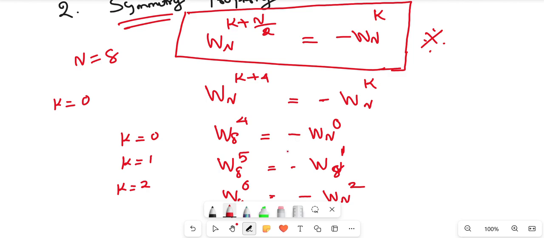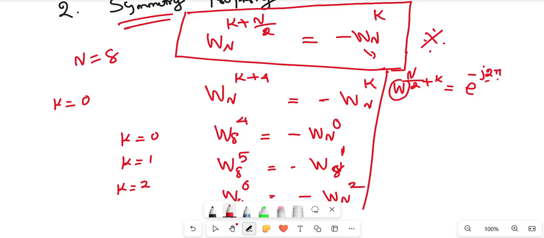Now the proof. What is W here? W power N by 2 plus k is equal to, what is the twiddle factor W? It is e power minus j 2 pi by N. You substitute that: e power minus j 2 pi by N into N by 2 plus k.